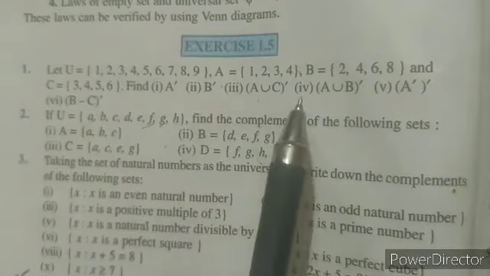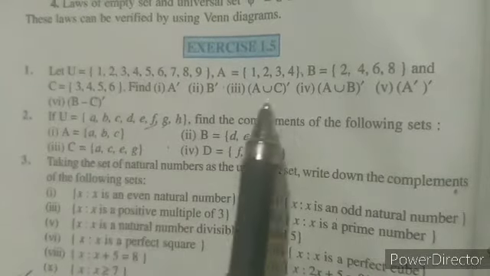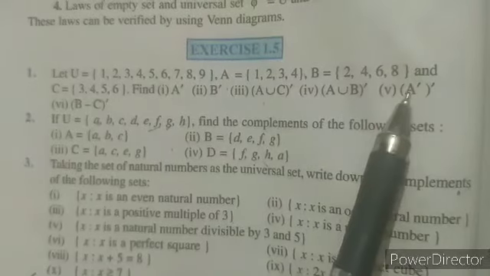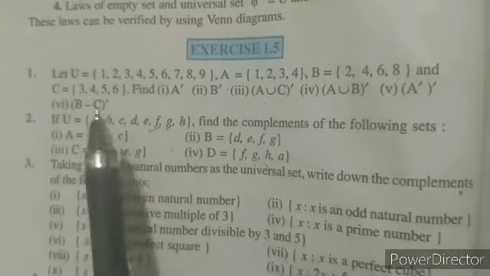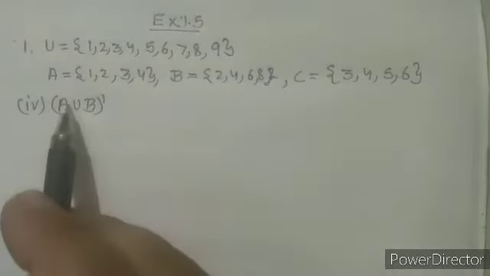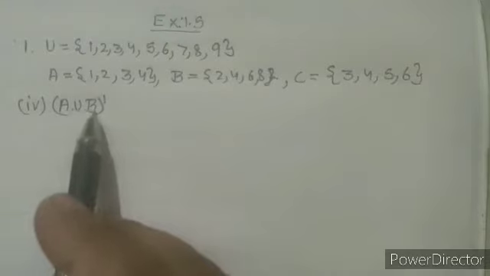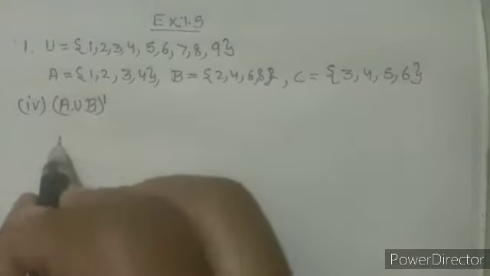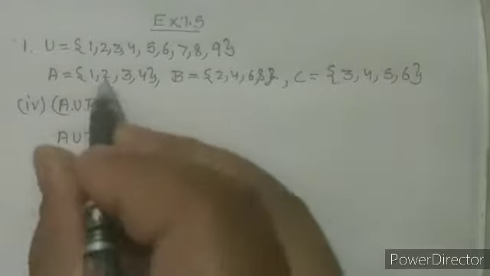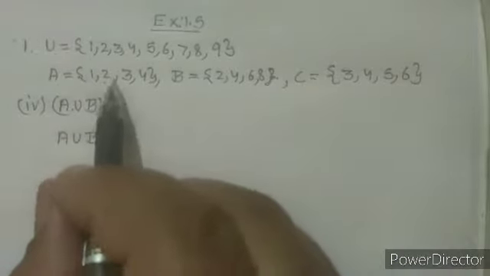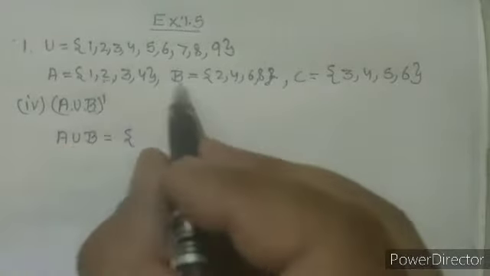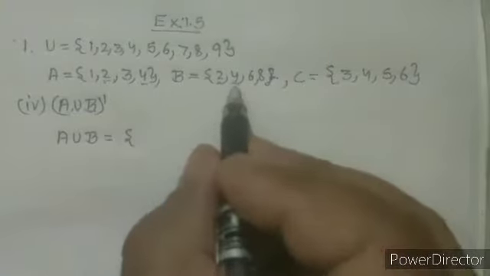Now here I am doing the 4th, 5th and 6th part in which we have to find out A union B whole complement, complement of A complement, and B minus C complement. In the 4th part, we have to find out A union B whole complement. For that, first of all, we will find the value of A union B. Now, A union B means all the elements of A and B, and the common elements will be written only once.